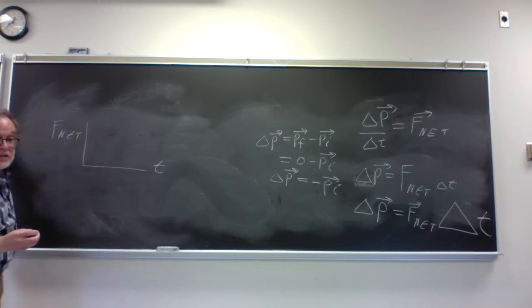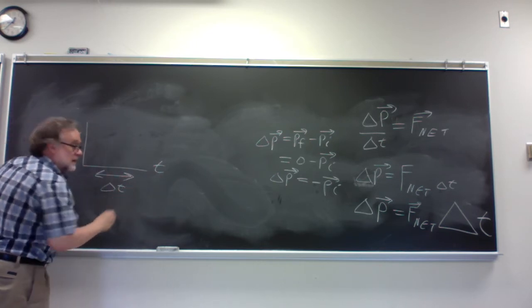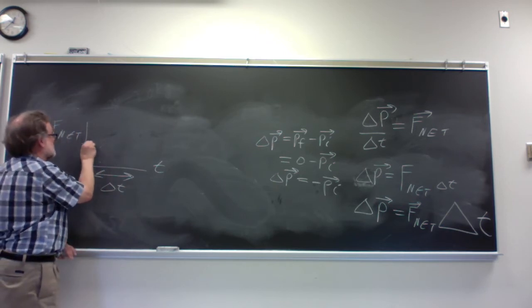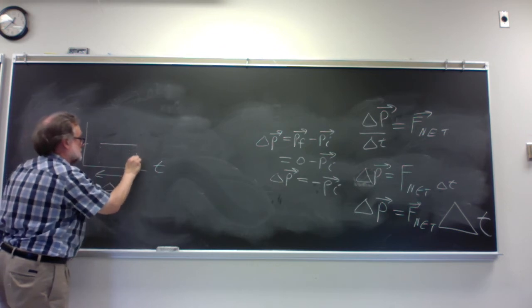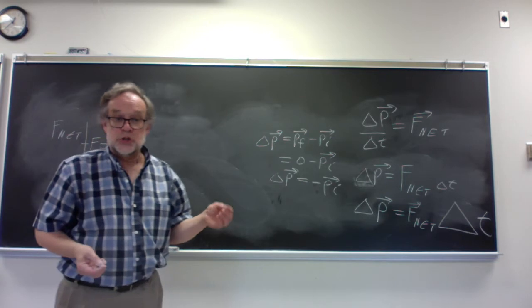And take a simple case where for some short period of time, delta t, a constant force is acting. A constant force with a magnitude that we'll call just plain F.